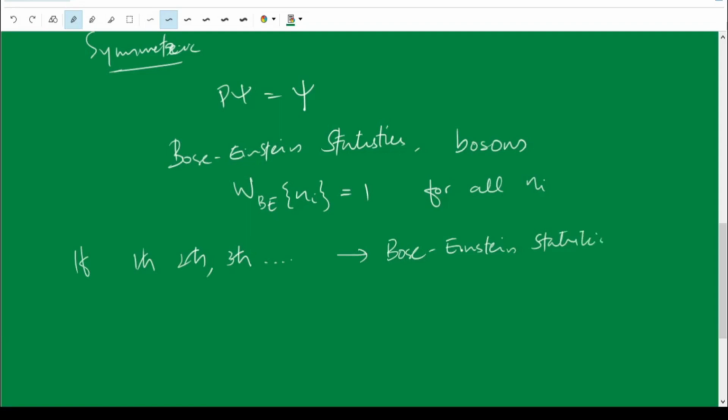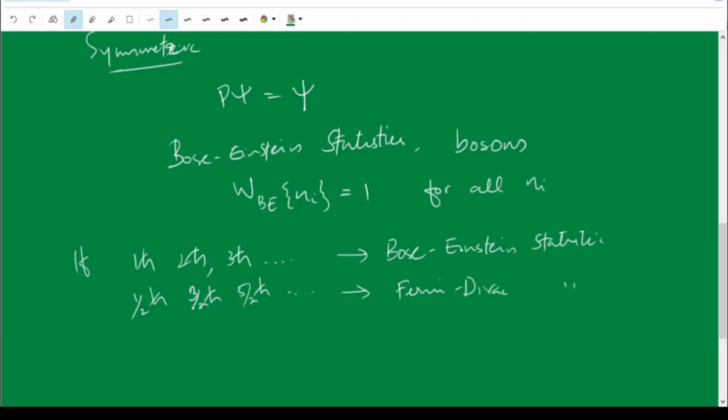Okay, now if the particles have odd half integral spin, that means half h cross, 3 by 2 h cross, 5 by 2 h cross, etc., such particles obey Fermi-Dirac statistics.